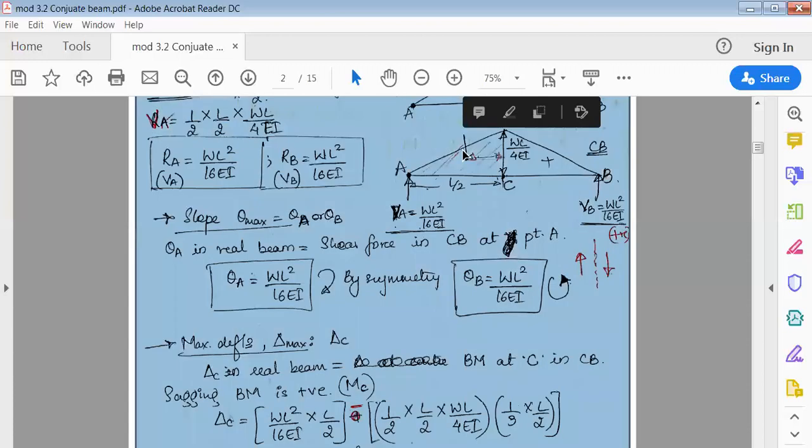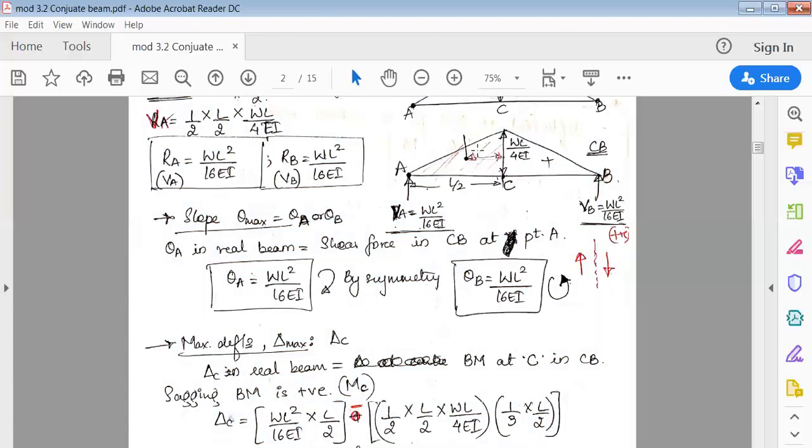Then you can check this. This load is acting downward. This arrow is acting downward now. This load is nothing but half into base, as this is the triangular load. Half into base L by 2 into height WL by 4EI. So the area of the triangle gets converted into a load, that is half into L by 2 into WL by 4, into the perpendicular distance.